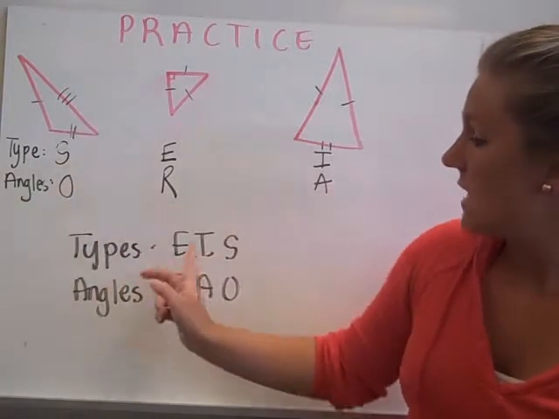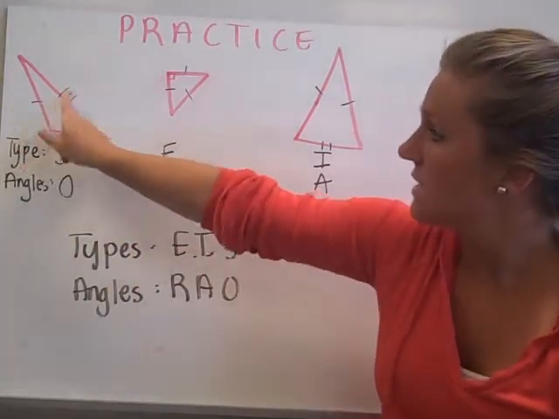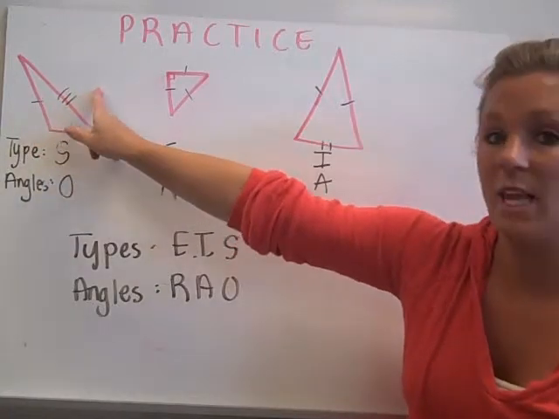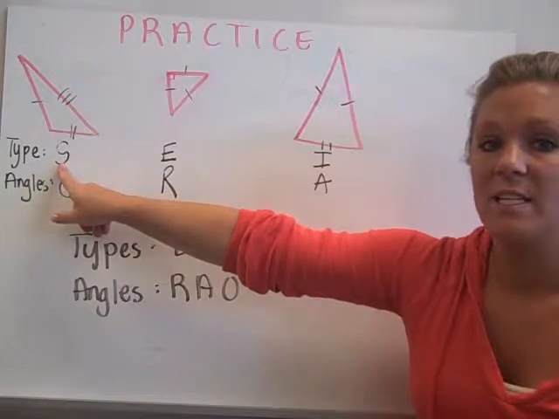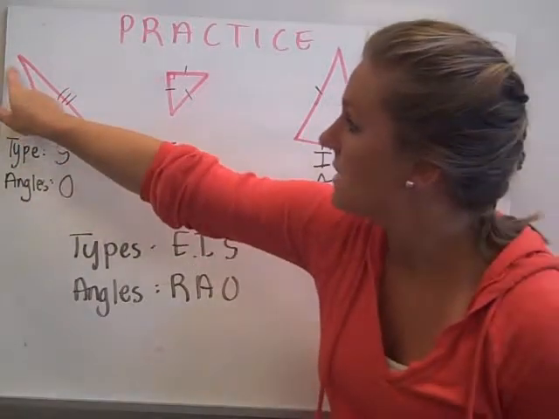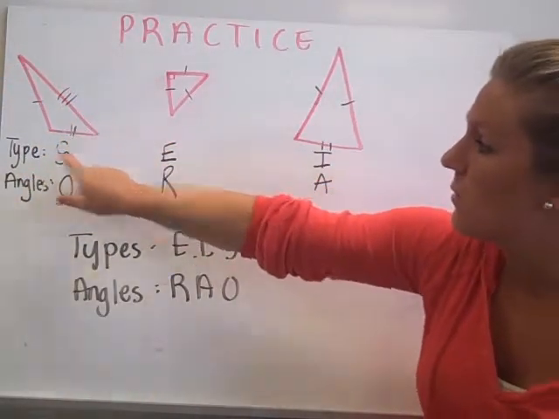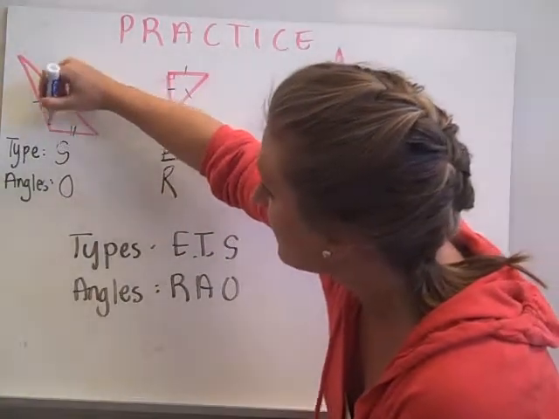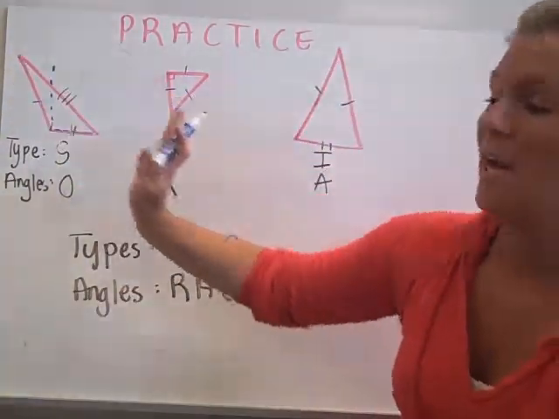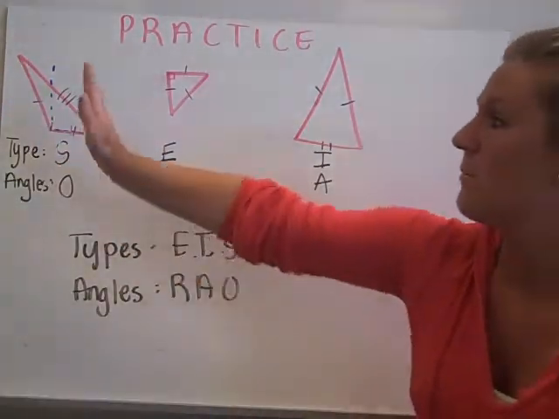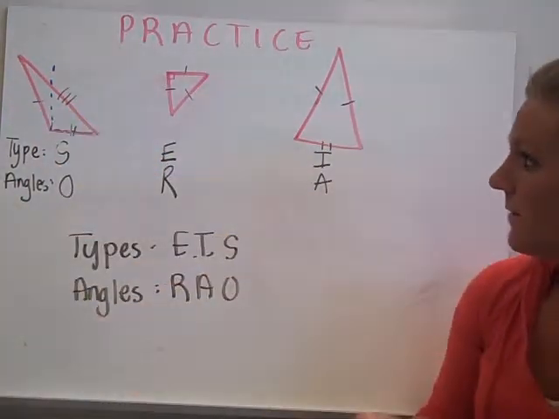So if I look at the type, I notice that these sides are all different in length. So it's a scalene triangle. Now if I take a look at the angles, I notice that this angle here is more than a right angle because if I go straight up to make my capital L, you see how that line's further across, so it's bigger. So it's obtuse.